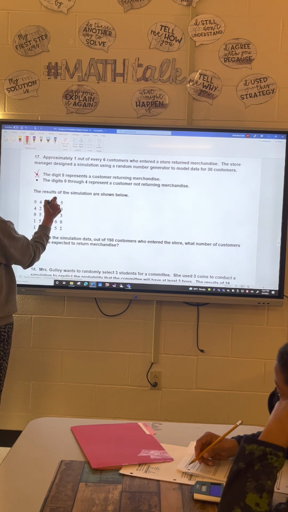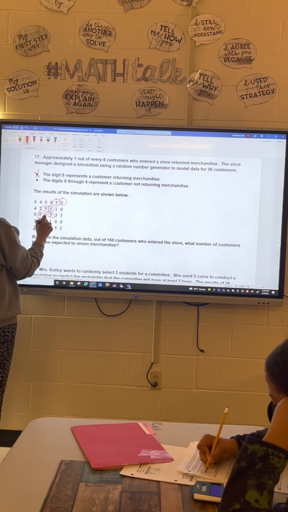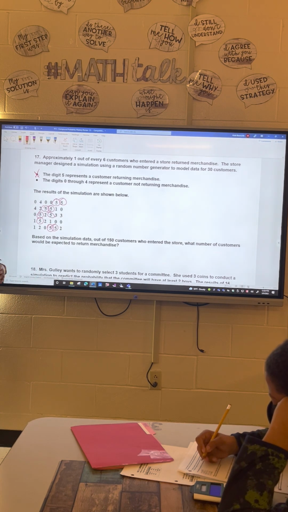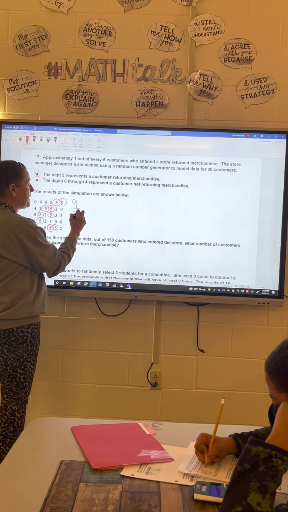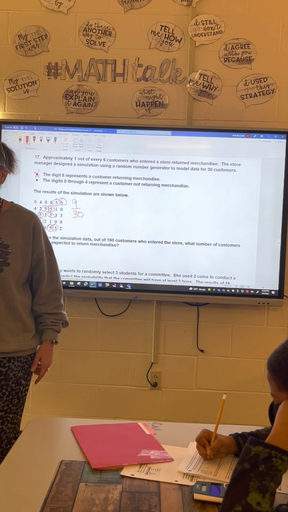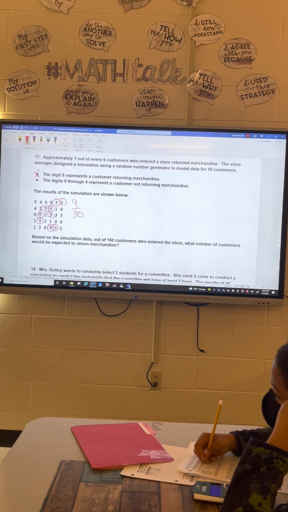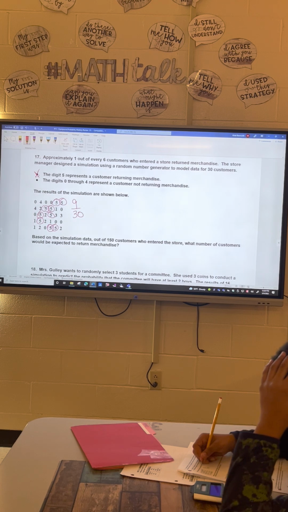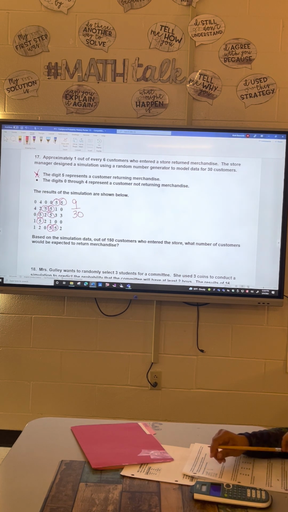So I'm going to circle my 5s. How many 5s do you see? 9. So 9 out of 30 people returned merchandise based on our simulation. That is our experimental data. That is our experimental probability.